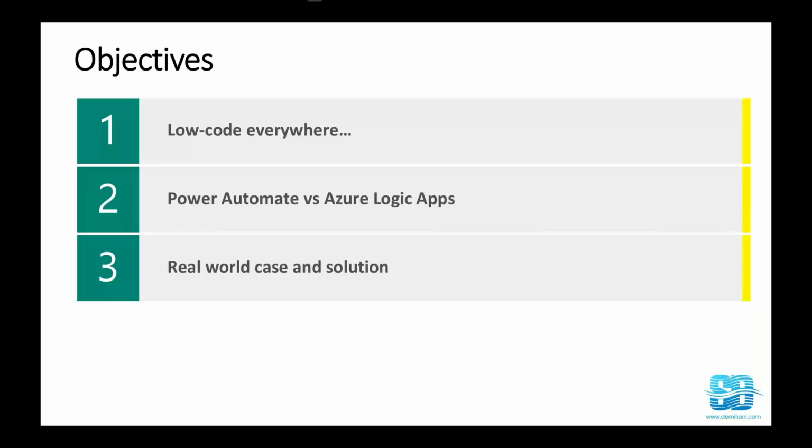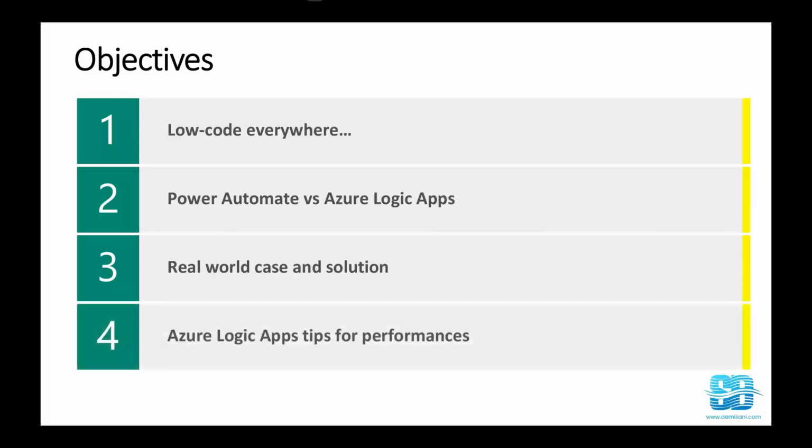To do that, I plan to give you a history, a real-world case, the problem that we had, and how we solved this real-world case by using new features, some of them also in preview, from the Logic Apps platform. And then I'll give you some tips about how you can create high-performance, low-code workflows for BC.